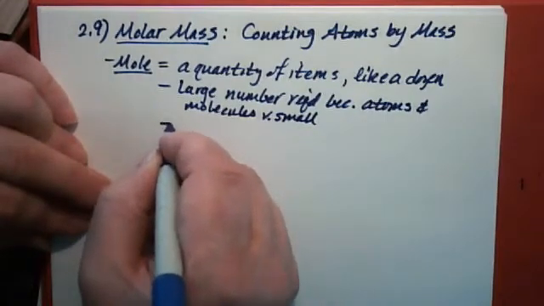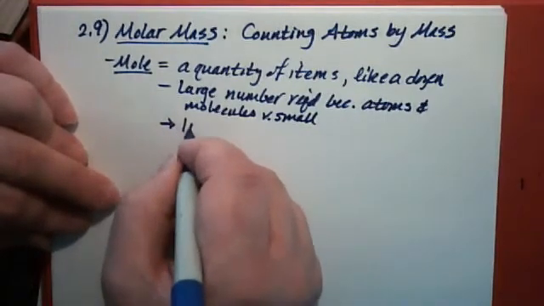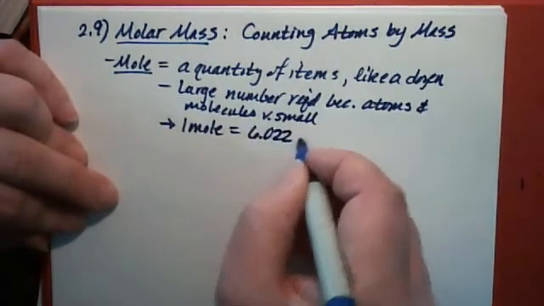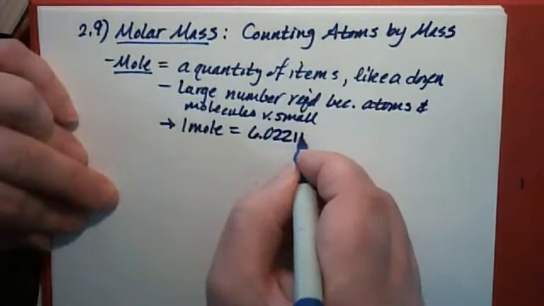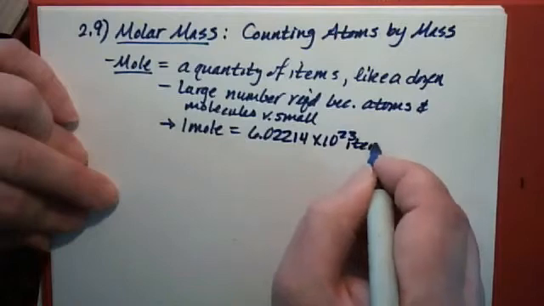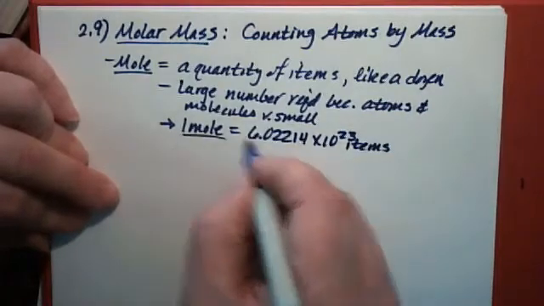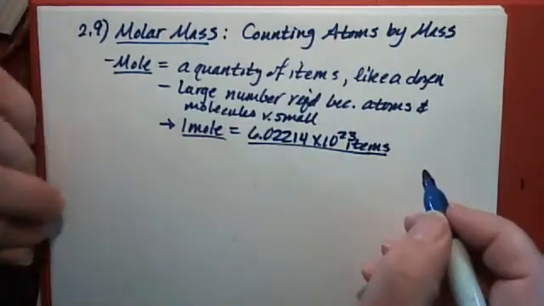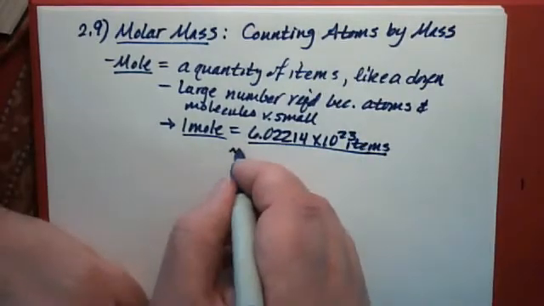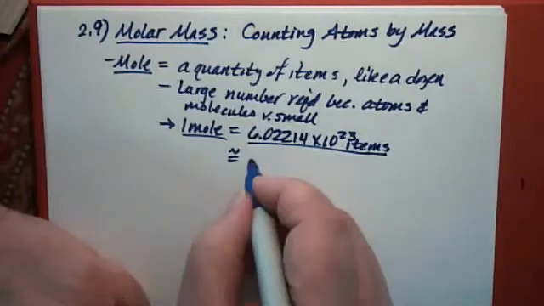And the quantity is 214. One mole is equal to 6.02214 times 10 to the 23rd items, whatever those items are.